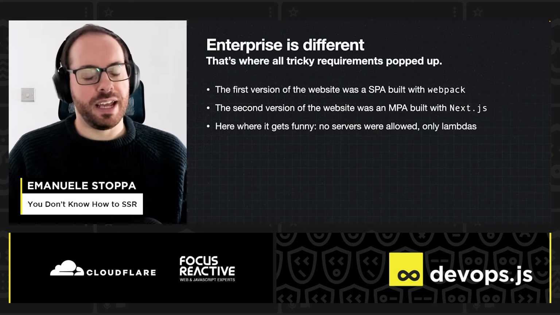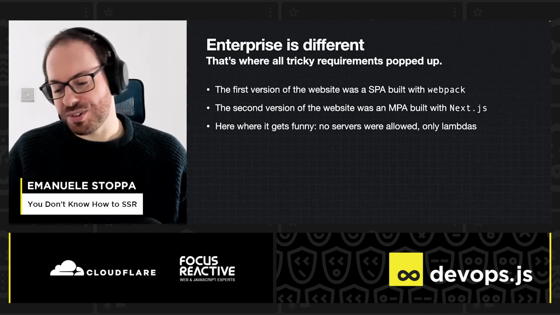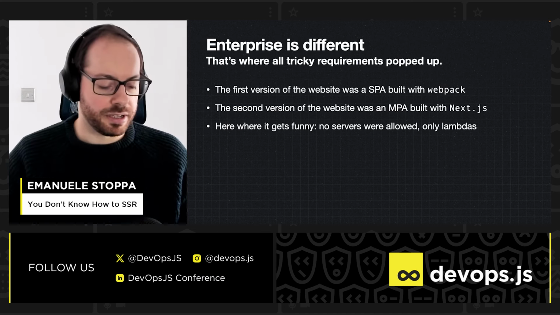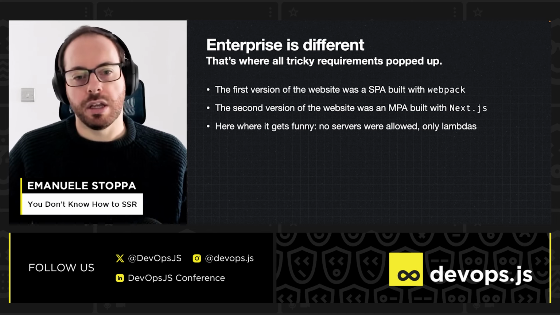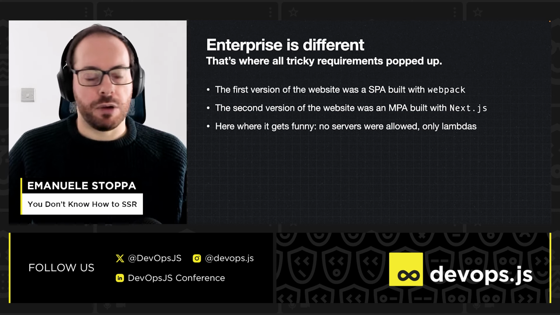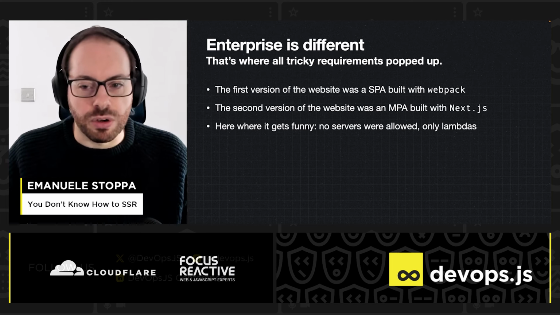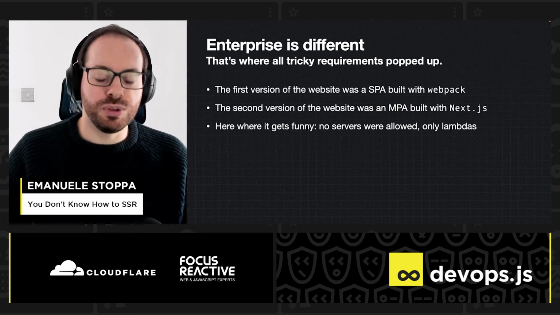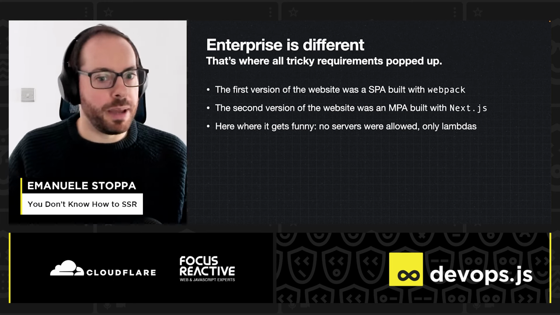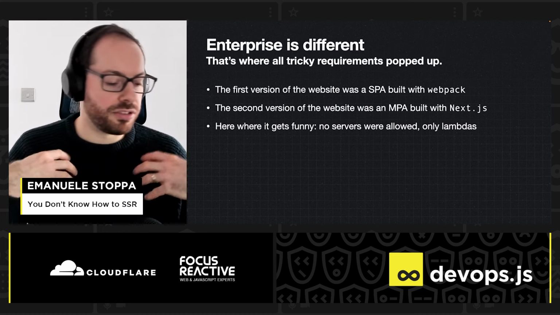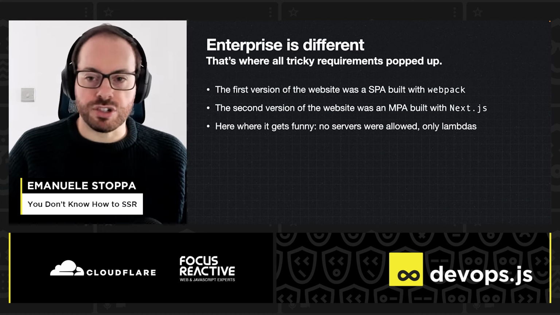But enterprise is different. Yes. So at that time, we had really weird constraints. Our backend didn't have any servers at all, but we could use only lambdas. The backend was using lambdas, and for them it was great, but for us, that was quite challenging.